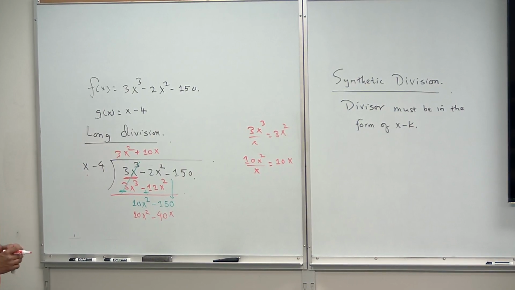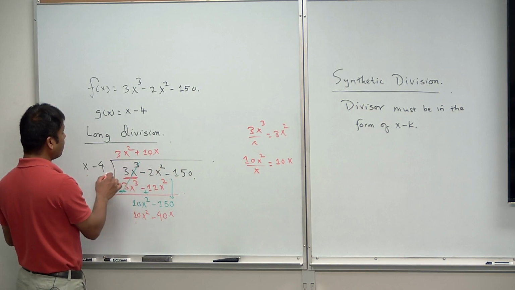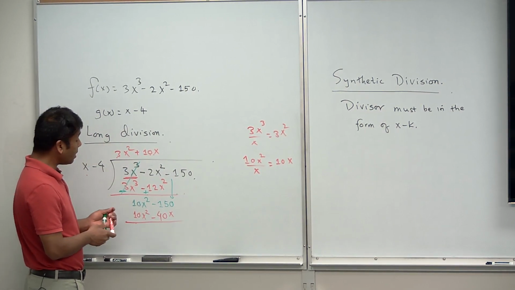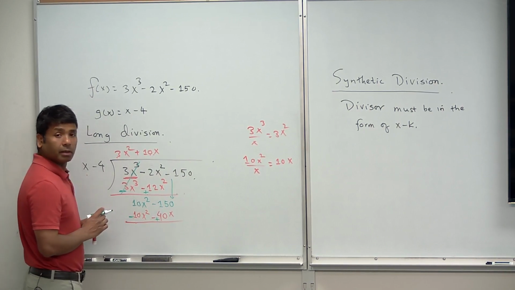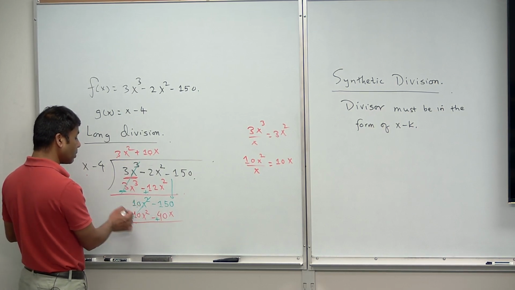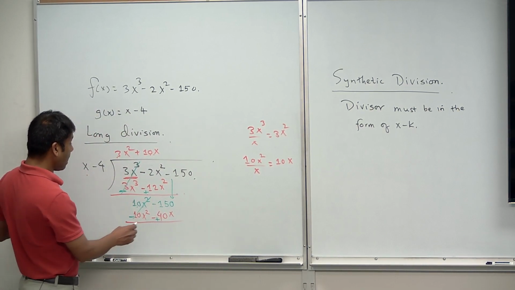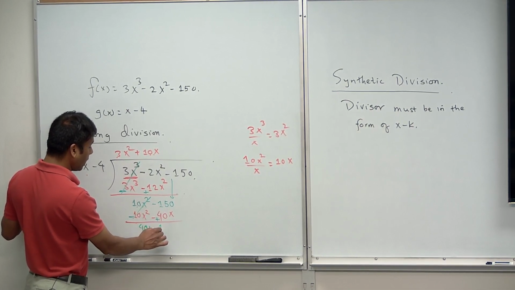Yes? And now again we change the sign, so it will be negative, and this will be positive. Right? And then this 10x squared and negative 10x squared, you can cancel them. Does that make sense? And now this is 40x, you write down 40x, and then you have negative 150 here, write down negative 150.